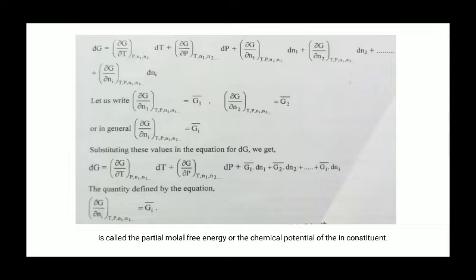Let us rewrite delta G upon delta N1 at constant T, P, N2 as G1 dash. Then delta G upon delta N2 at constant T, P, N1 is equal to G2 dash. Or in general, delta G upon delta Ni at constant T, P is equal to Gi dash.